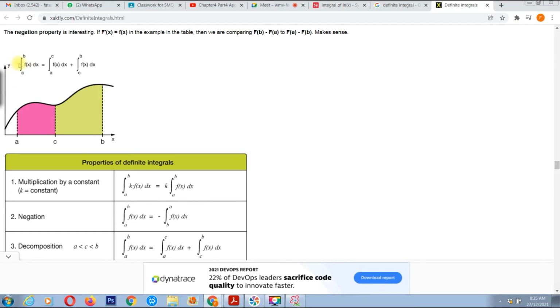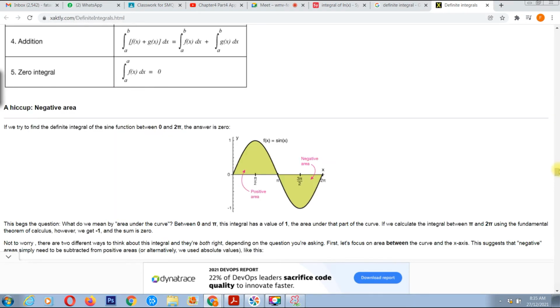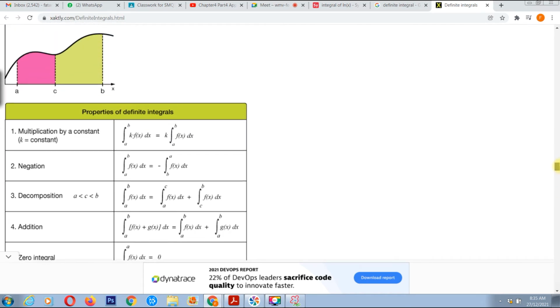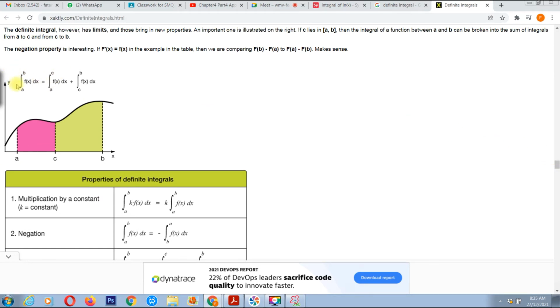Okay, so now if we have a to b and then we have f(x) dx, we can separate it. Separate this function by using c, but c is a connection point between a and b, so it's okay. It still can be done as long as the point touches b. So this also can be done.